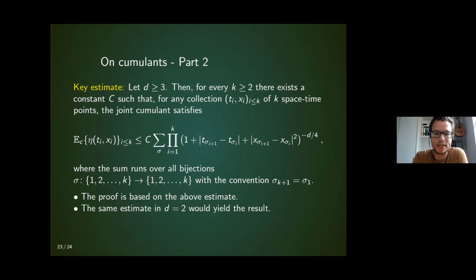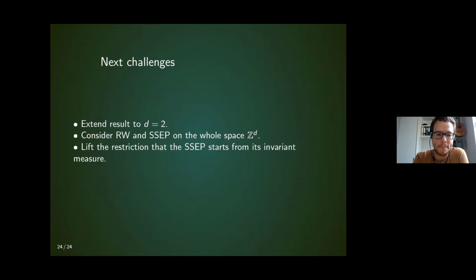So that's probably one of the key results in this paper. Now let me wrap up. The 25 minutes are essentially over. So what are the next challenges? Clearly the result should be extended to d equal to 2. Then there was some artificial condition in the result, which probably can be removed. It's more technical work, but I think there's no big conceptual challenge.